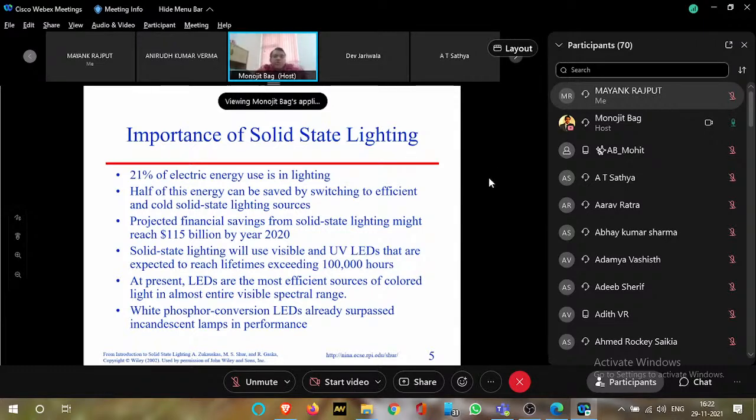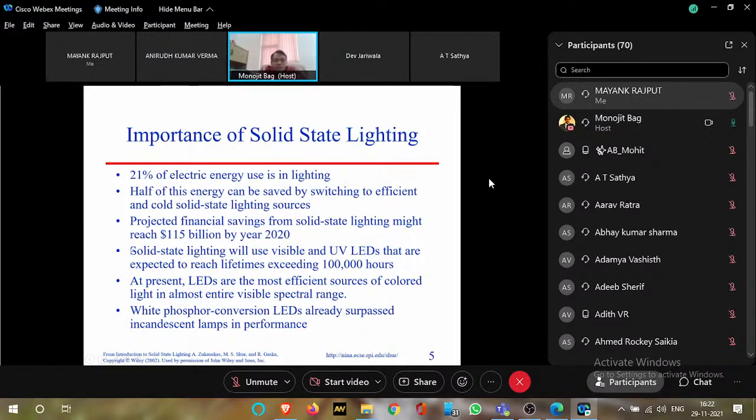So if you start saving energy by using efficient solid state lighting, definitely you will be able to save a lot of energy. And if you look at the market, you can see projected financial savings of more than $100 billion by 2020.